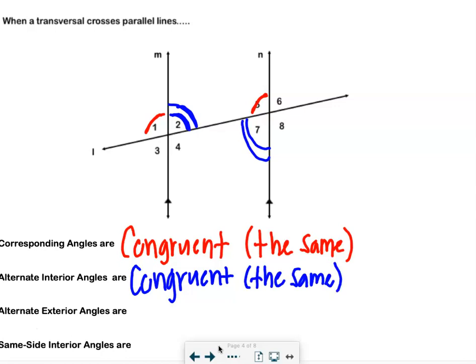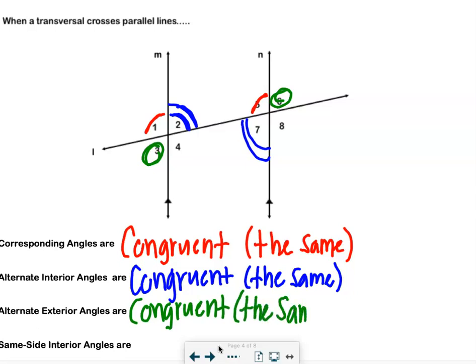And then we found that alternate exterior angles, 3 and 6, were also congruent. They're the same. And we found that our only odd man out was the same side interior.